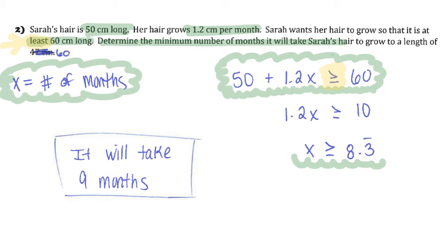But again, what does that actually mean for our scenario? Remember, x was the number of months. Because of this greater than or equal sign, we're going to need to round up. And notice we had a final answer: we're looking for 9 months, rounding up.